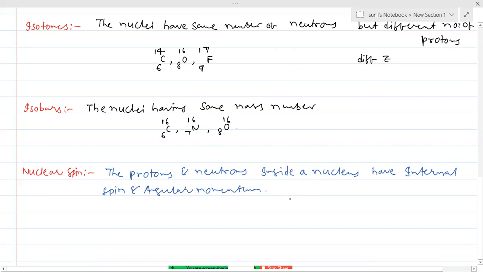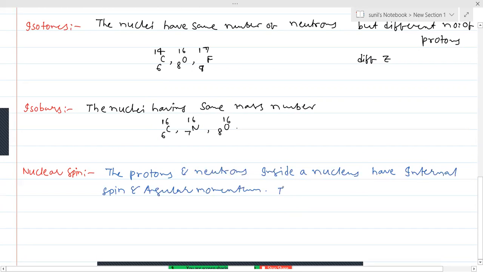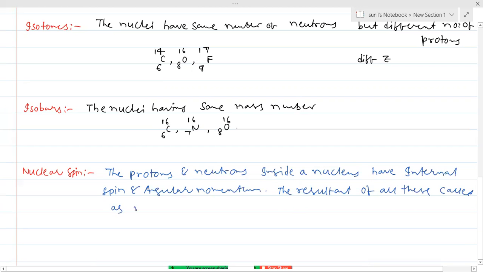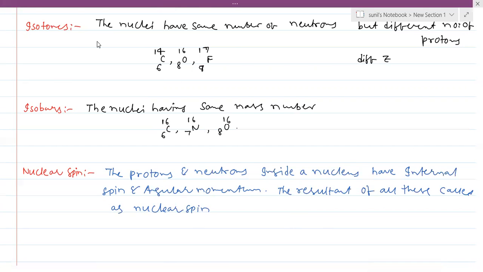The resultant of all these is called nuclear spin. So these are the basics of nuclei.